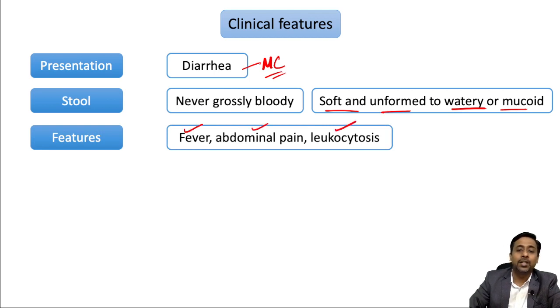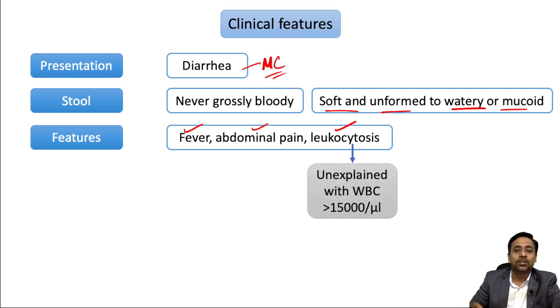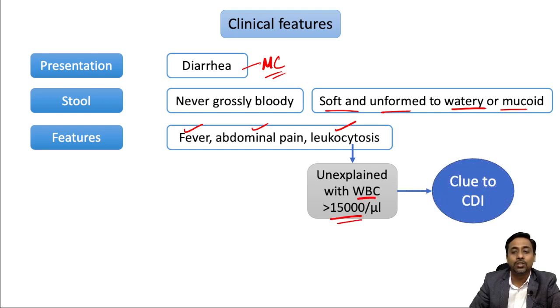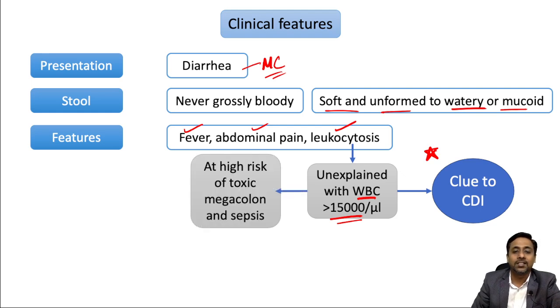If the patient presents with unexplained leukocytosis with soft and unformed stool, in which WBC count is more than 15,000, this is an important clue to CDI, as I told you during the discussion of the question. And those patients who have unexplained leukocytosis are at high risk of development of complications such as toxic megacolon and sepsis.